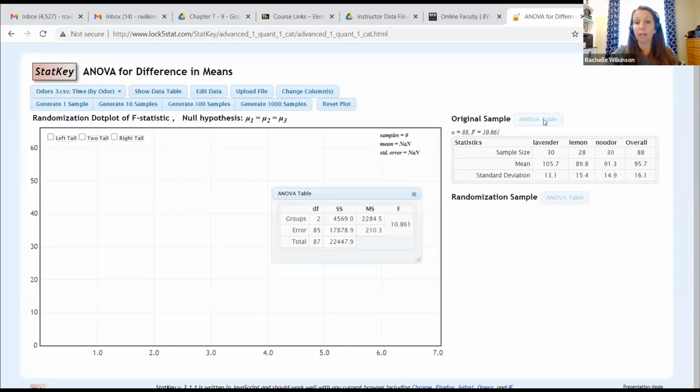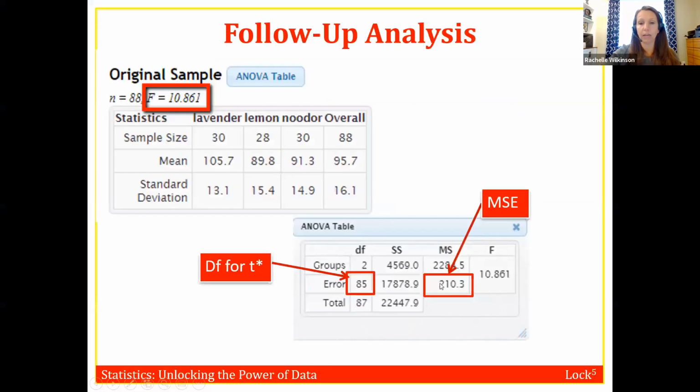If I click on that ANOVA table, the number I'm looking for is MSE, so I look at the MS column, and E stands for error. I look in the row for error and the column for MS, and where those intersect is the MSE number I want to use in my formula. In this case, that is 210.3. So the MSE is 210.3.